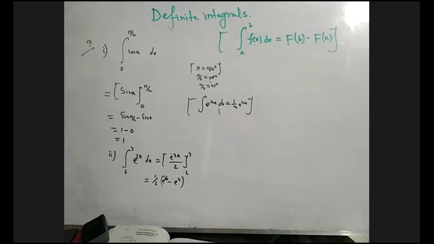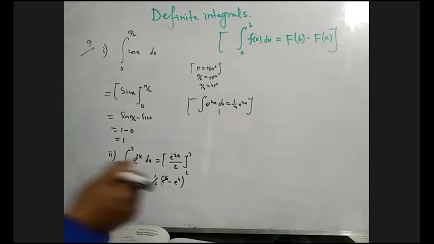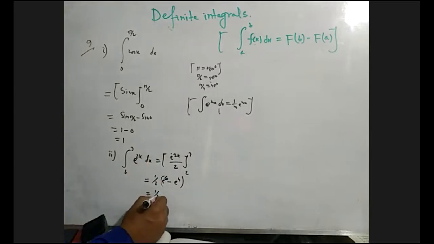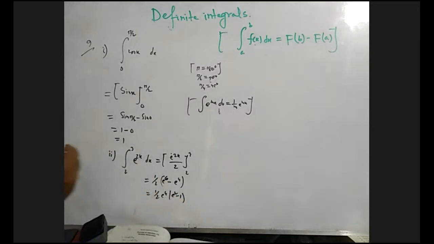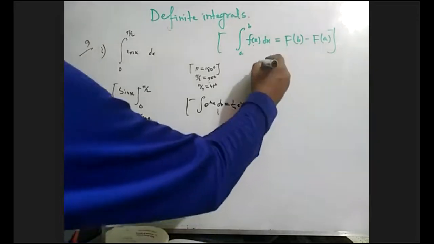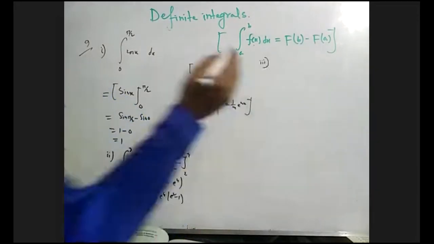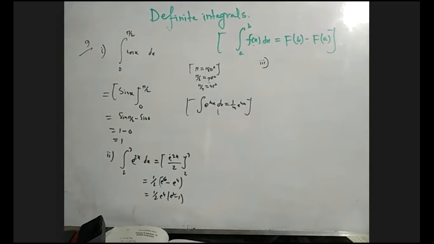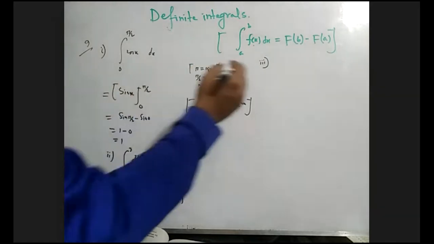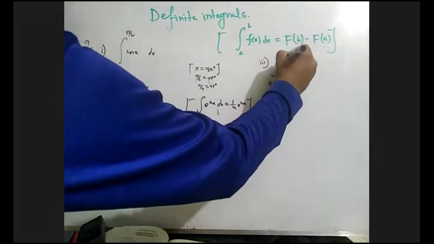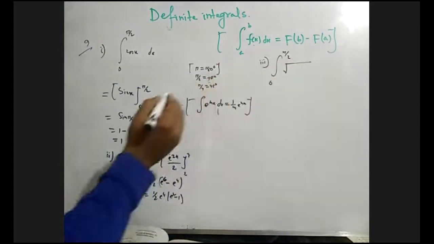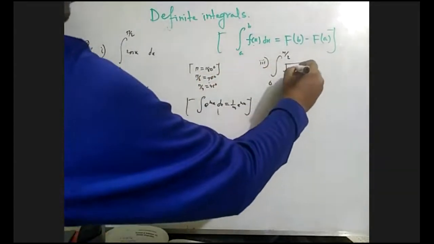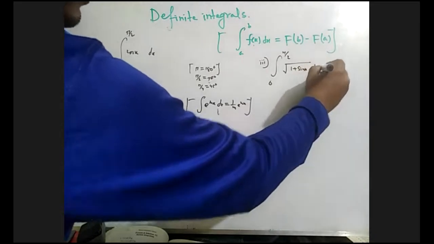You can put the value of Euler number e from the calculator, but this will also be the result like this. Half e to the power 4 will be common, e to the power 2 minus 1. This is the result. Now third part of this, you have to find out the integration from 0 to pi by 2 of root over 1 plus sin x dx.